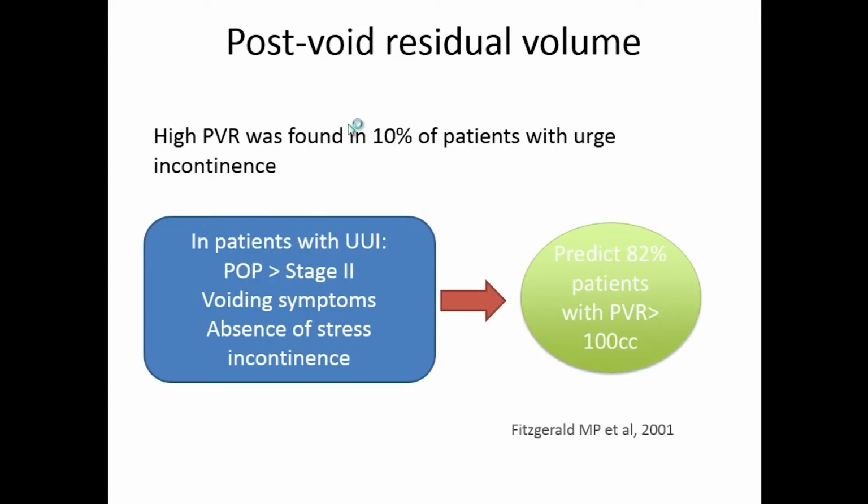Also, even women who have urge incontinence, a significant number of them have high postvoid residual. Most of these women have prolapse, voiding symptoms, and they don't have stress urinary incontinence. So in this case, it's very important to evaluate the residual because of this high probability of voiding dysfunction.